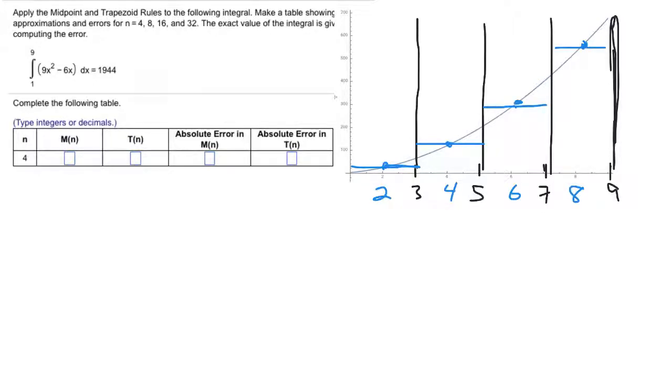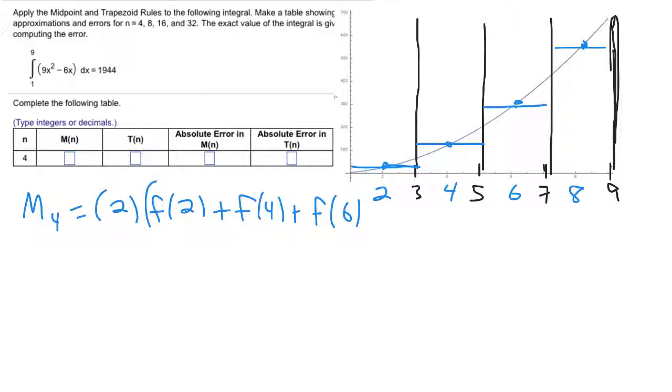So my M4 approximation is going to be base times height for each of those 4 rectangles. The base is 2 each time, and the first height is f of 2. The second height is f of 4. The third height is f of 6.